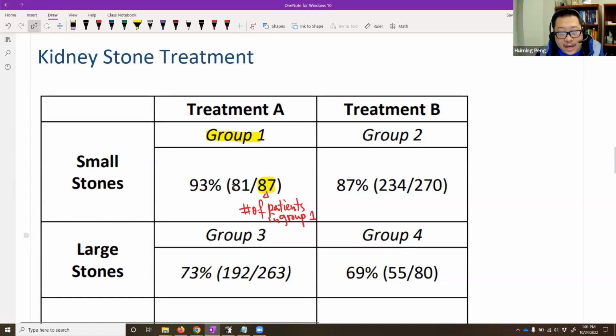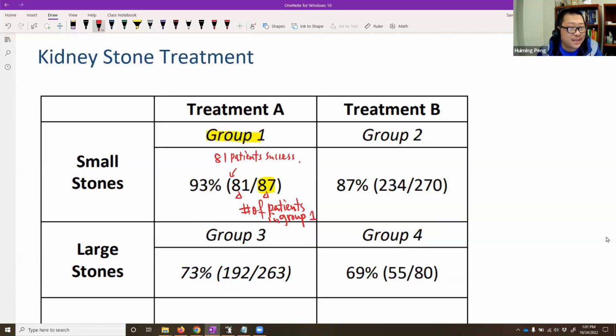And then we look at this, 81 means success. This is the number of successes. Say 81 patients got a successful outcome.